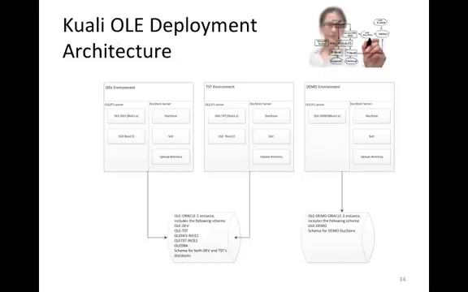This is an architecture showing the deployment architecture. We talked in the first video a little bit about this Kuali OLE system. This is an open source library management system. And this is just showing that they're going to have 3 primary computers in their environment.